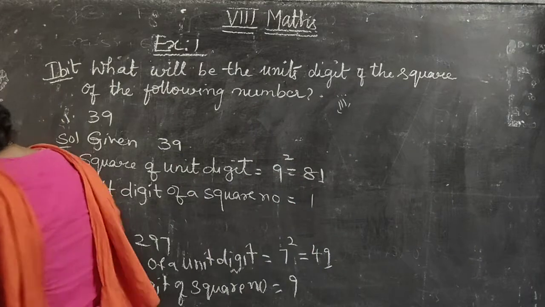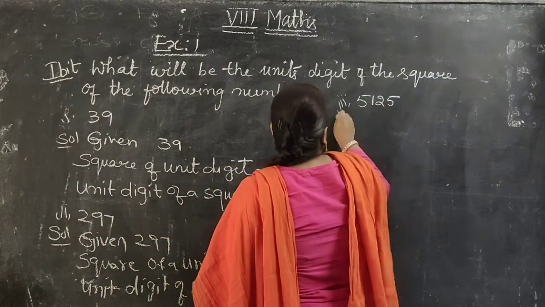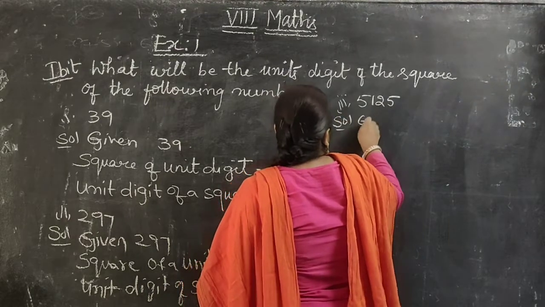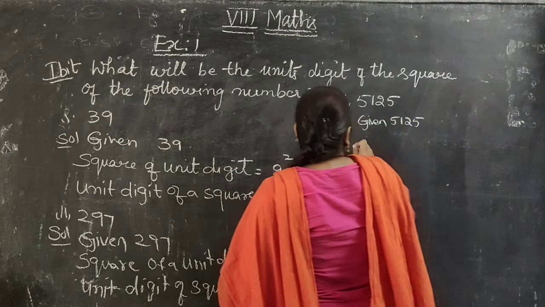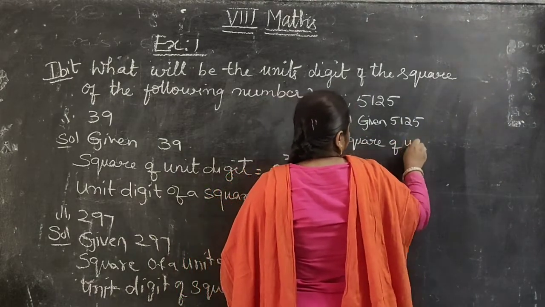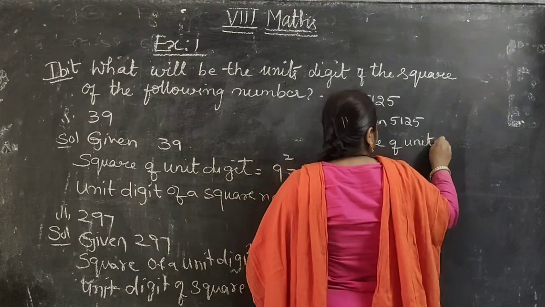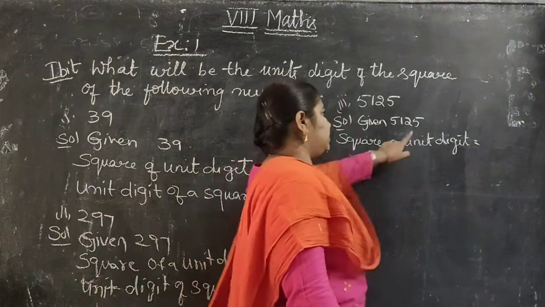Third one, 5125. The given number is 5125, and we take the square of the unit digit. What is the unit digit place here? 5.